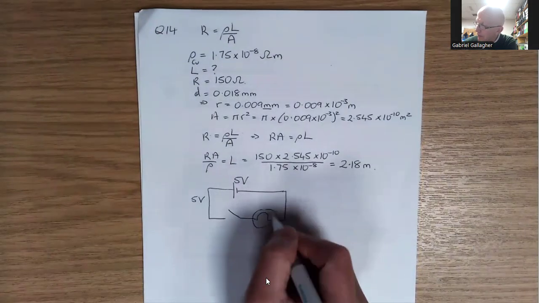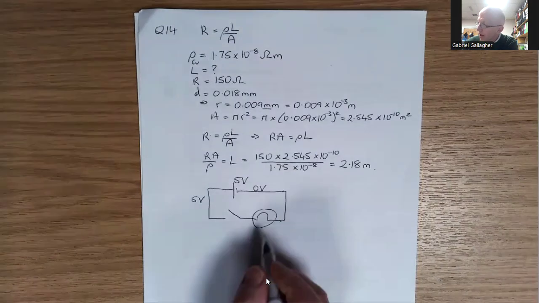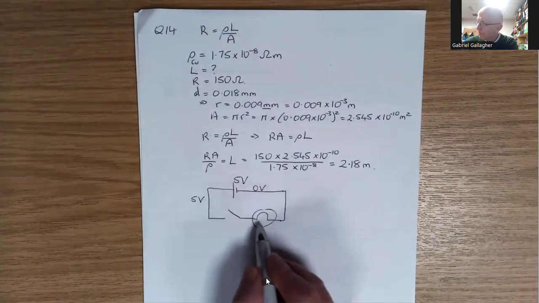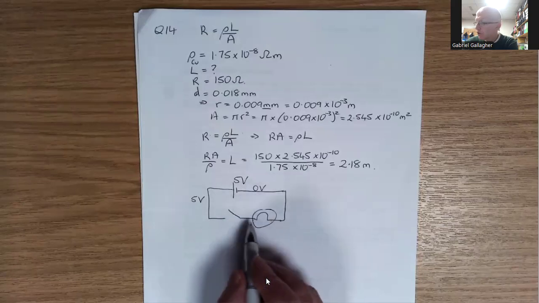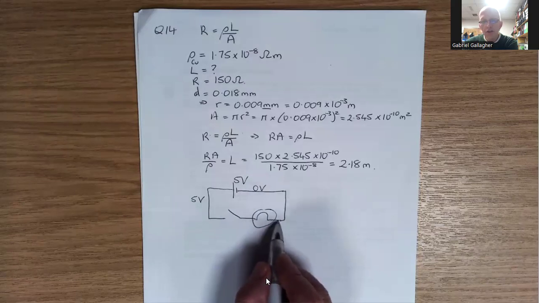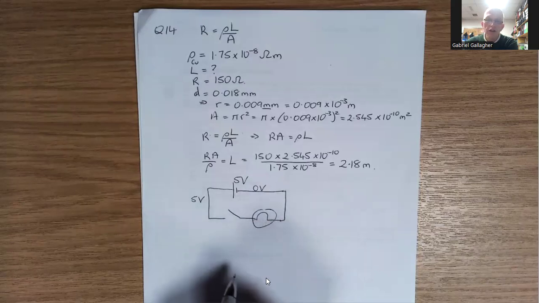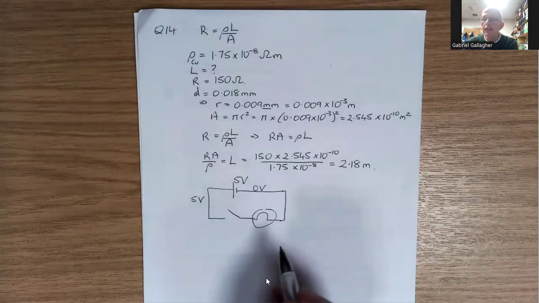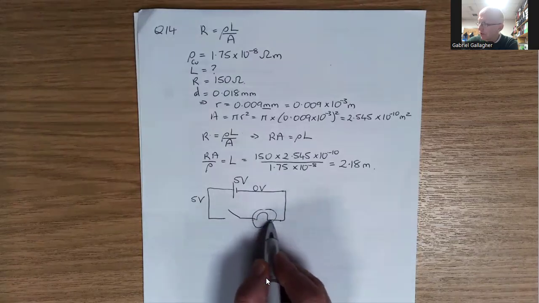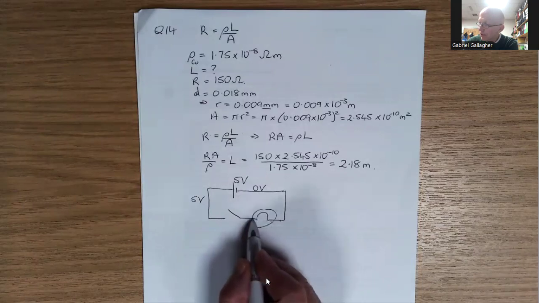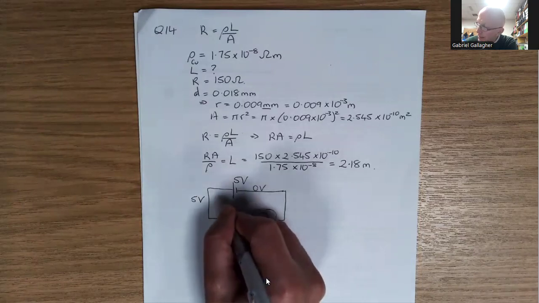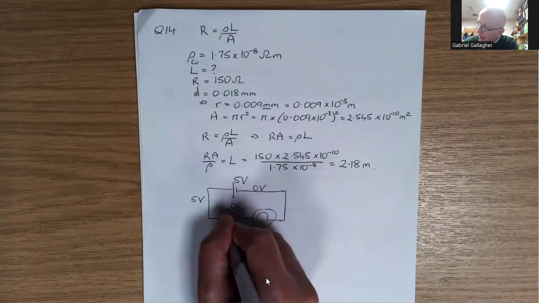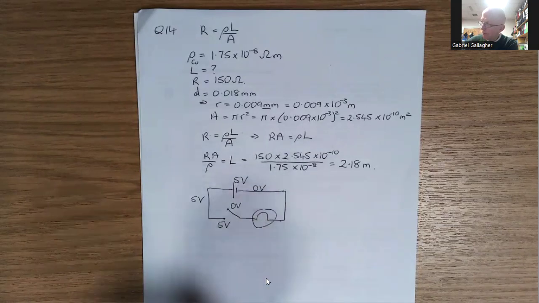Everything along this simple wire is 0 volts. But you might be wondering what's going on here. Well, remember, there is no current flowing in the circuit. If there's no current flowing, then there's no potential difference across the lamp. V equals IR. The lamp isn't generating or losing electrical energy in the circuit. So in fact, there's no potential difference. So all the way up to here, the potential at that point is 0 volts, and the potential at that point is 5 volts.